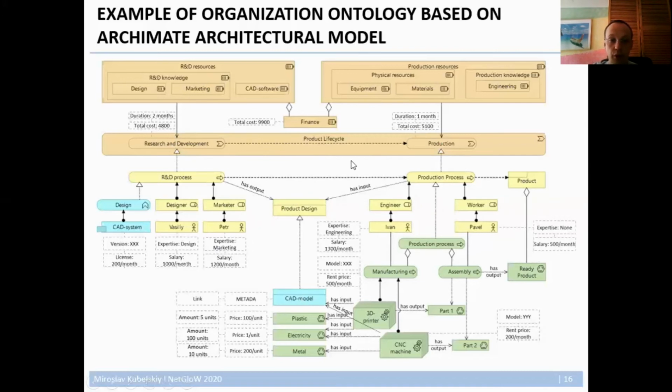So, using this architectural model with the main elements and with their attributes, we can perform an easy cost-benefit analysis, and we can evaluate our product from a resources perspective.